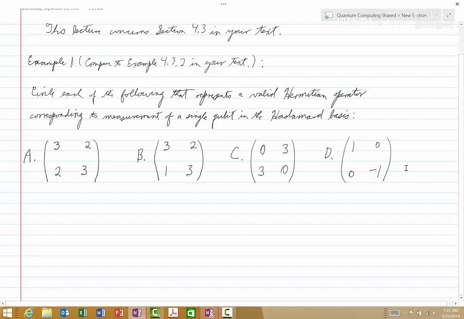Well, first of all, let's remind ourselves of what the Hadamard basis means.